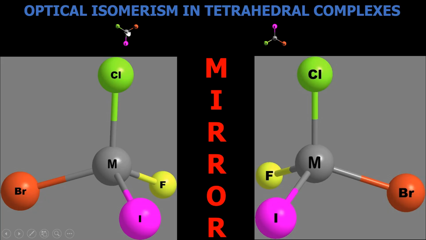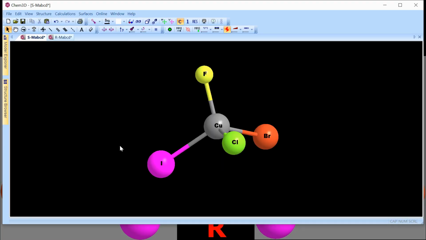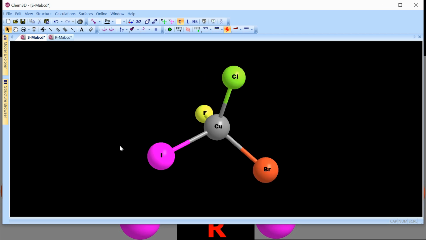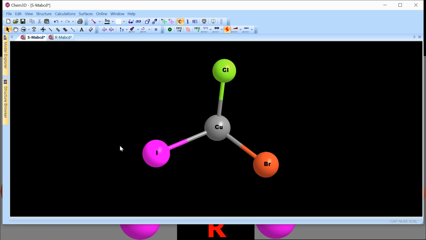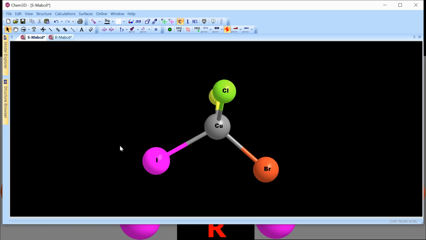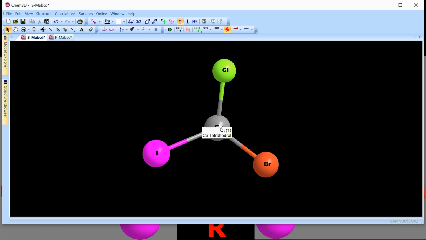What I am doing is, I am viewing the chiral center, copper, and fluoro is the lowest priority, so I have sent it backwards, and now I have a clock-like situation. This is a clock. Iodine is number 1, this is number 3, this is number 2. 1, 3, 2. When I go clockwise, I get 1, 3, 2.